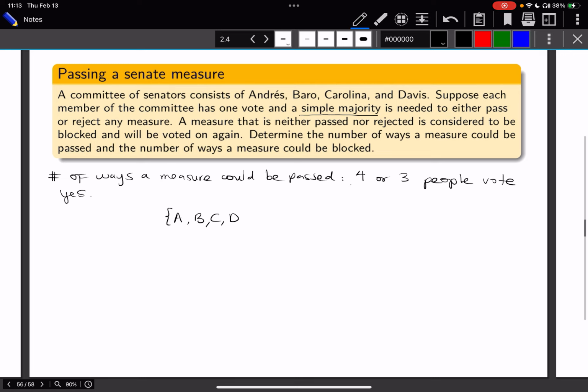So we're going to write this set of 4 elements that are actually people, Andres, Varo, Carolina, and Davis, in no particular order. So we could have written Carolina, Varo, Andres, Davis. Any combination is okay. The outcome is the same. We get one way in which the measure passes.